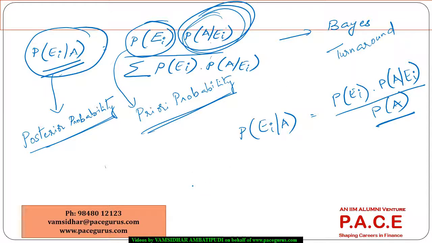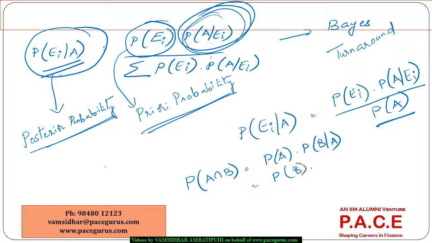Or in other terms, if you want simplicity altogether, P of A intersection B we have already discussed as P of A times P of B given A. The same thing I can write as P of B times P of A given B. Because both of them are the same, equate them.